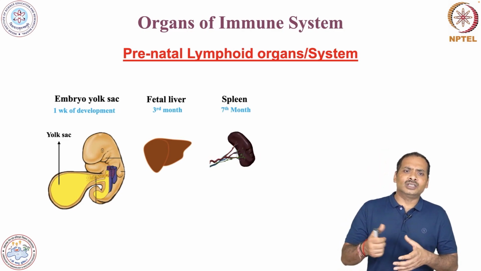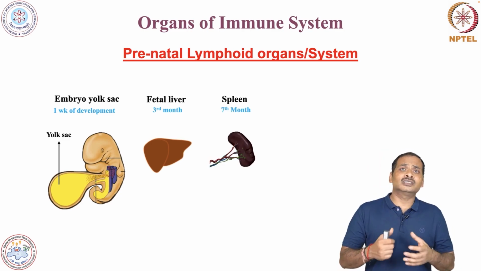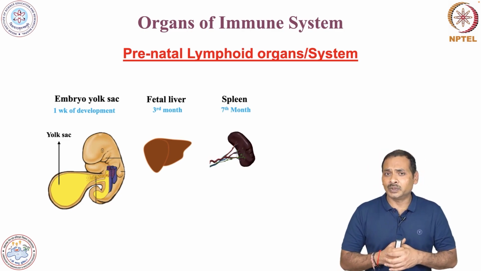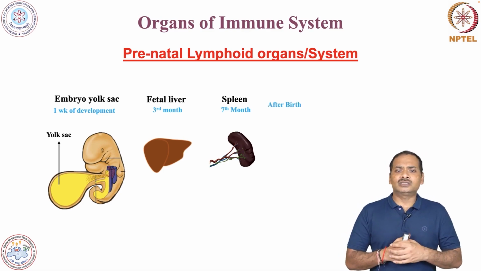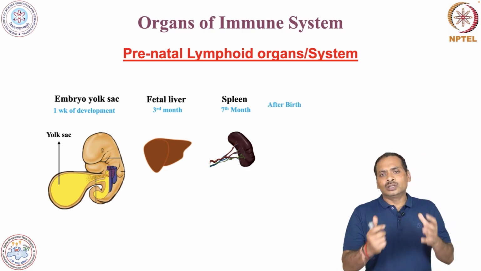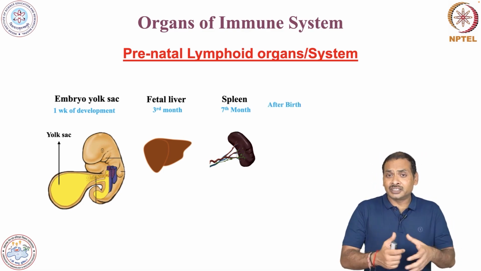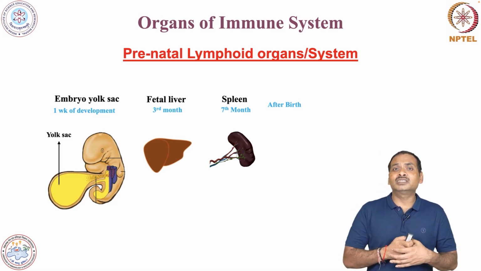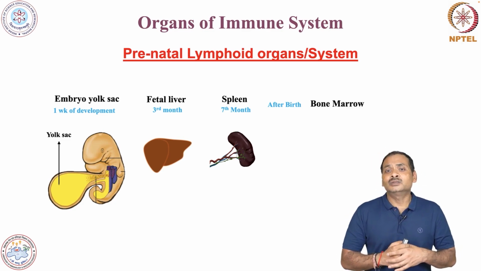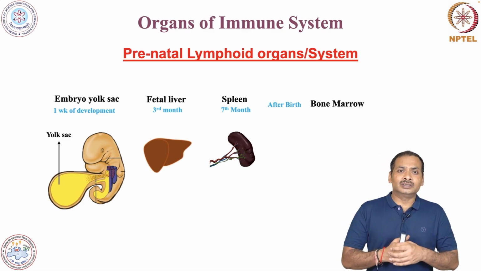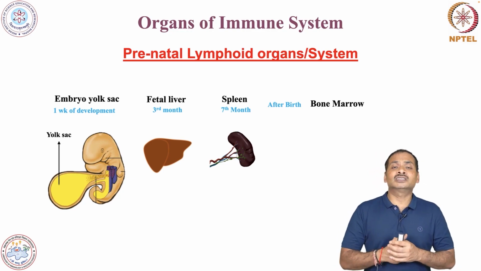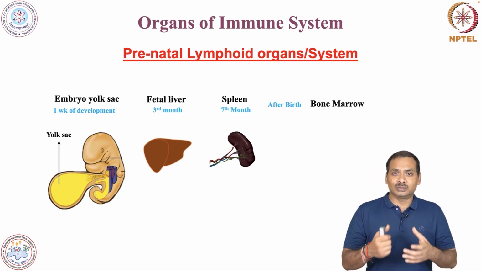Later on, after 7 months, this is taken over by the spleen, and immediately after birth, the whole defense and generation of immunocompetent cells is taken over by the bone marrow. In the next session I will discuss this bone marrow in great detail.